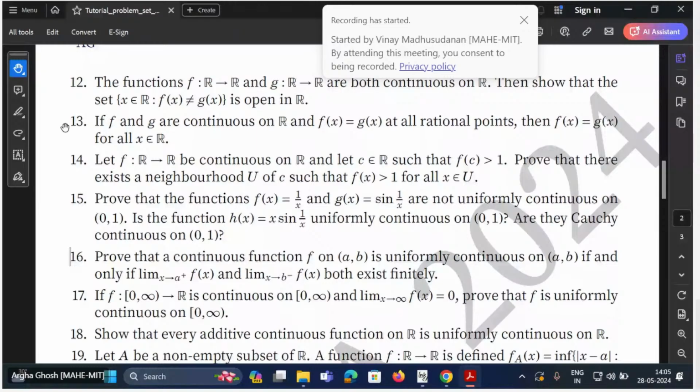So try to solve it, then I will see. You can solve this question directly to prove that this set is an open set, or you can use the sequential criteria to show that the complement of this set is a closed set. Both are fine.